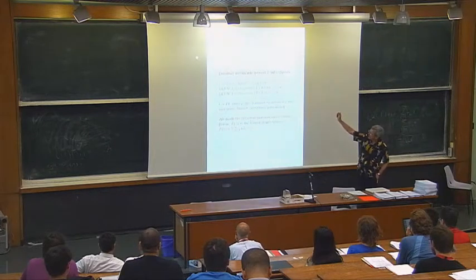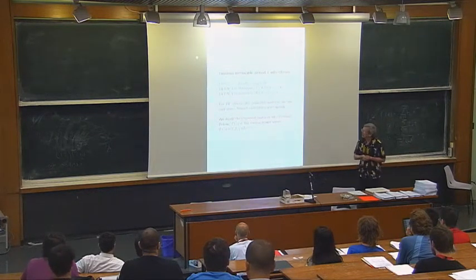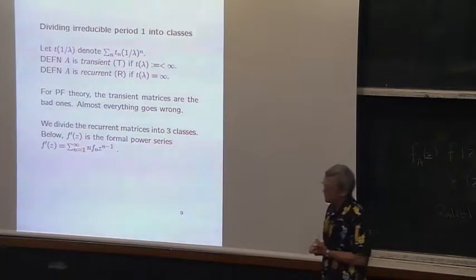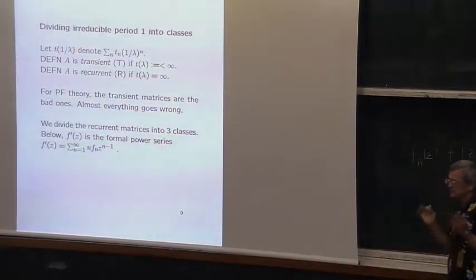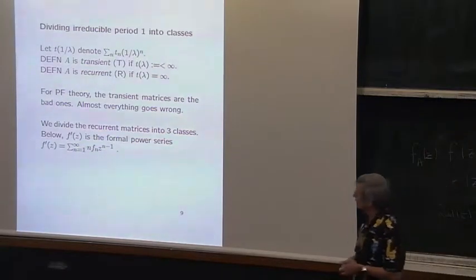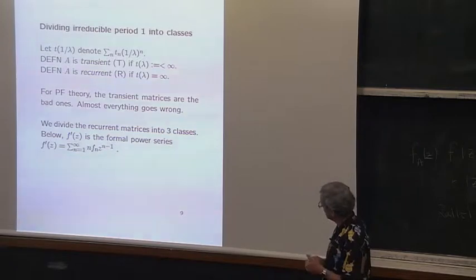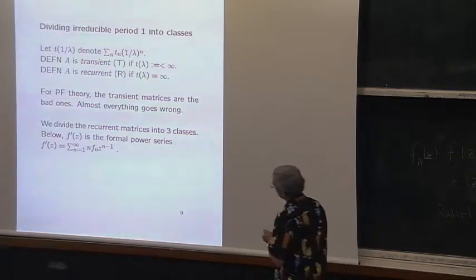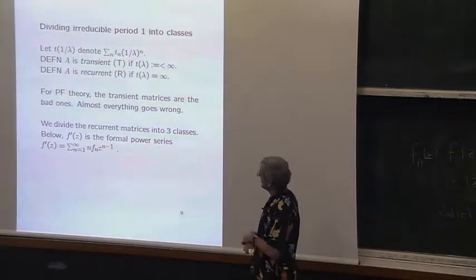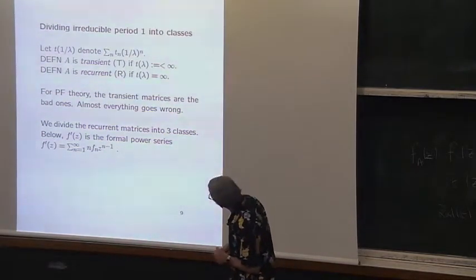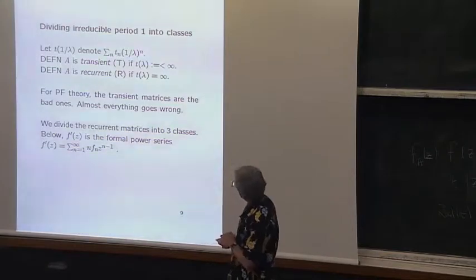Okay, so now we're prepared to make some definitions to divide these irreducible period 1 infinite matrices into classes, the classes that will correspond to conclusions in the Perron-Frobenius theory. So I'll let T of 1 over lambda denote the sum of Tn times 1 over lambda to the n.